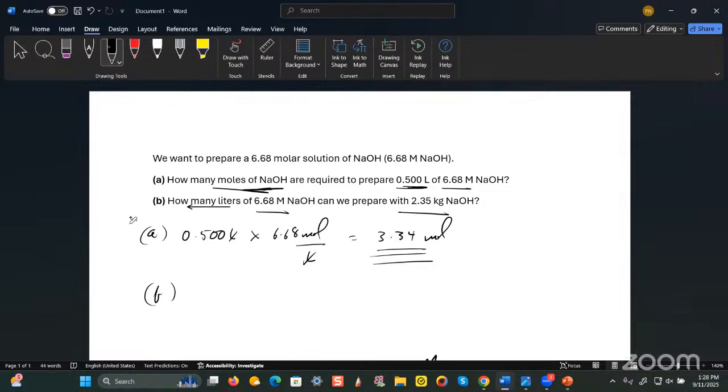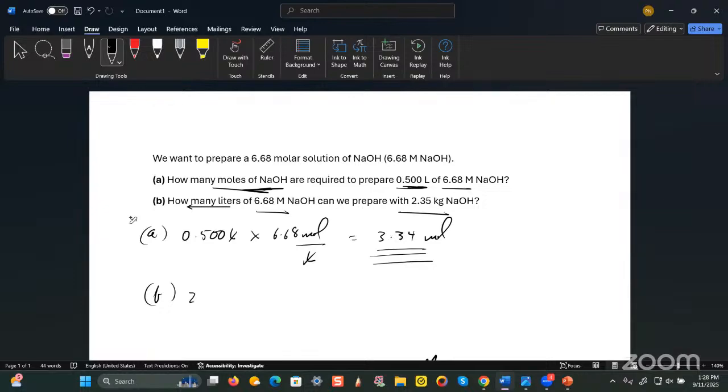How would you solve this problem? They gave you the mass of the sodium hydroxide in kilograms, and they also gave you the molarity of the solution, which is the same as the one before. And they're asking for the volume in liters. Yes, ma'am. Figure out how many moles of this compound we have.